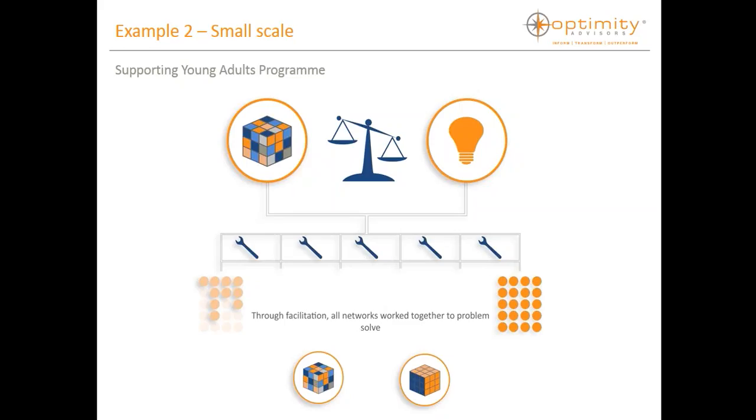To achieve these aims, ongoing learning and challenges throughout the project were captured and fed back at learning events and working groups. At these events, formal presentations were delivered that highlighted the highest priority issues for resolution. Through facilitation, all networks worked together to problem solve, as some areas had a similar issue that others may have already resolved.